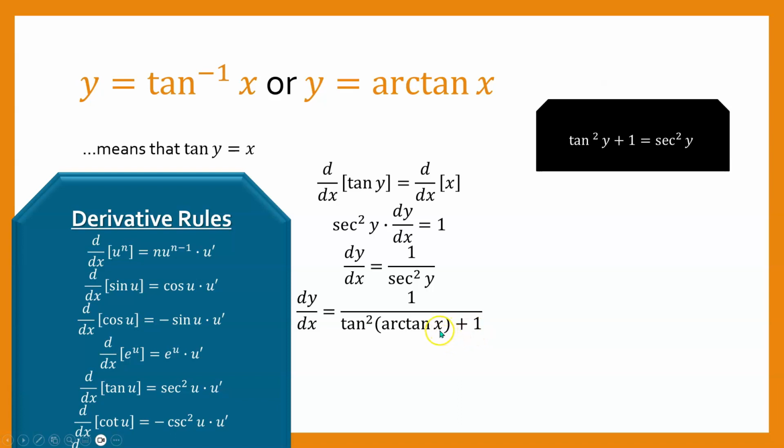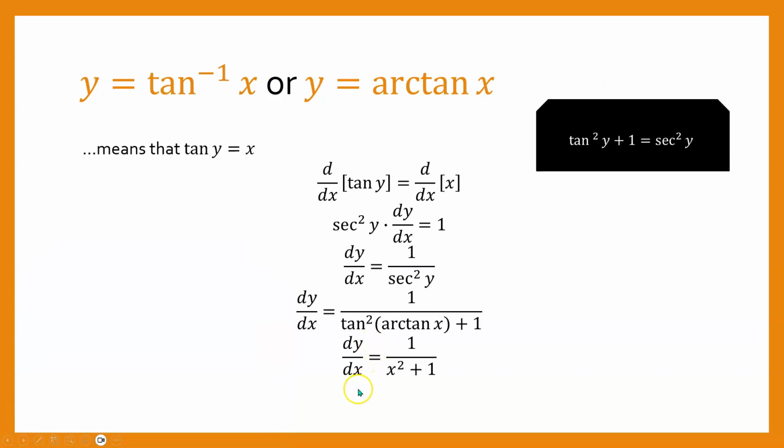Now this means whatever x is, first you take its arctangent, then you take the tangent of that, and then you square what you get. But when we took the tangent of the arctangent of x, that was just x itself. We got back x itself, and so that was what we were squaring. And so this is really just dy dx equals 1 over x squared plus 1.